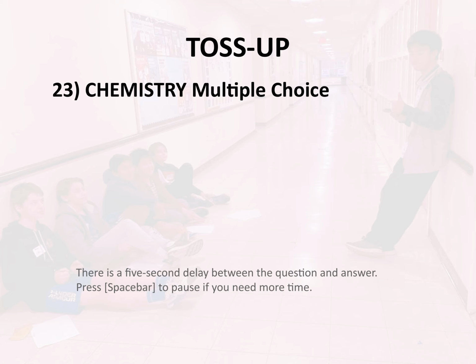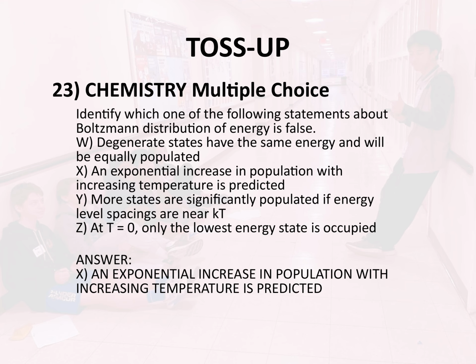Y. More states are significantly populated if energy level spacings are near kT. Z. At T equals 0, only the lowest energy state is occupied. Answer. X. An exponential increase in population with increasing temperature is predicted.